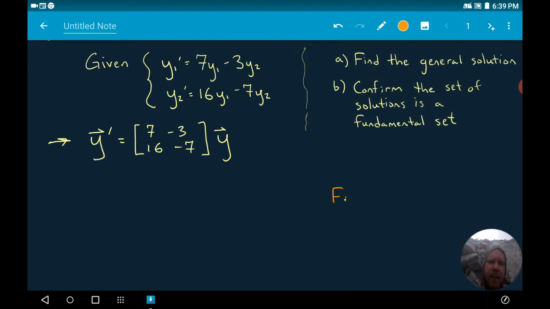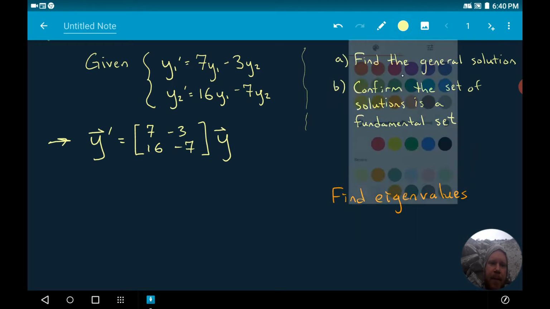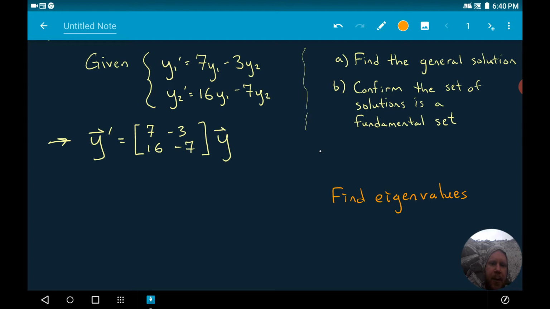I'll let you know what I'm doing on the side here, and I'll show all the work over on the left.